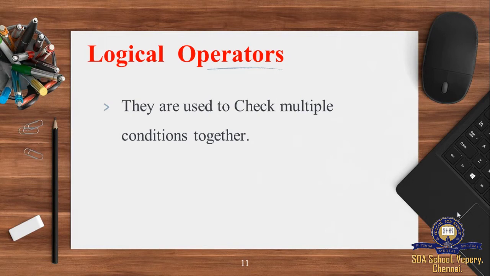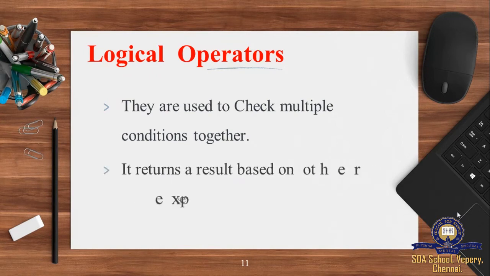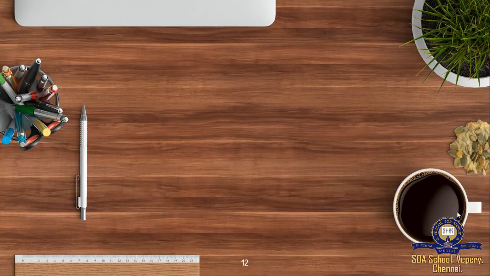We saw only one condition in relational operators. Here in logical operators, you can check multiple conditions. If the first condition is true, then again you have to check another condition. Likewise, you check multiple conditions together, and it returns a result based on the expressions. So this is how we will execute logical operators.